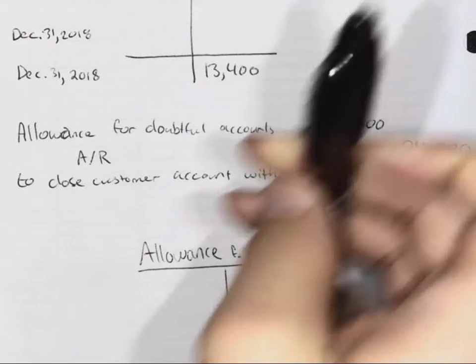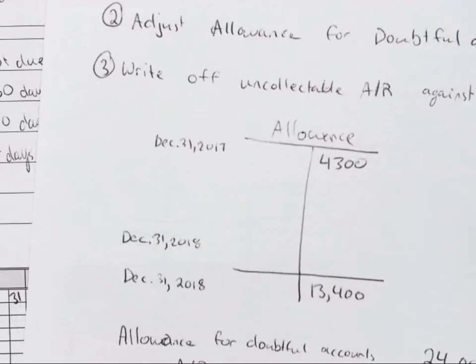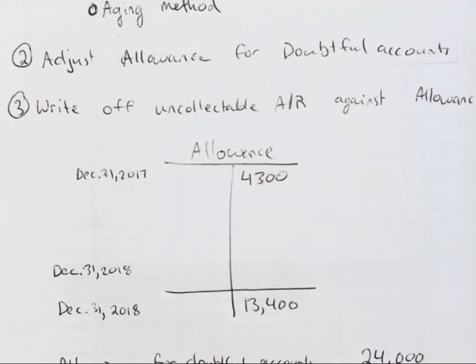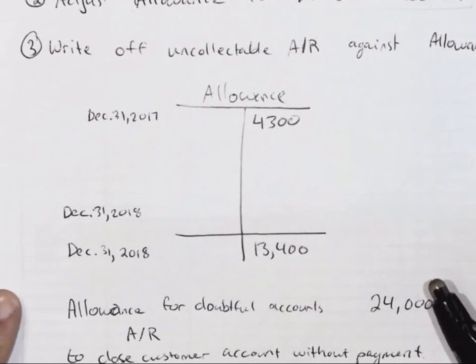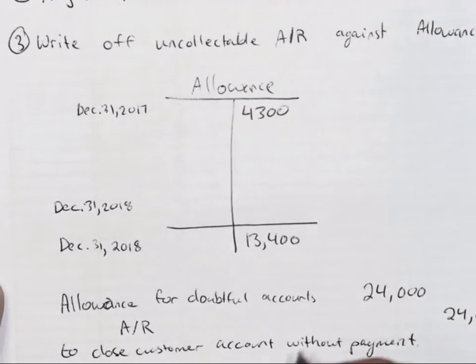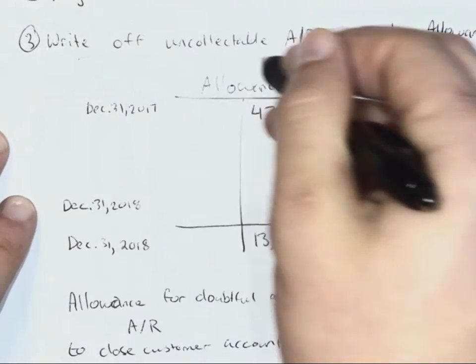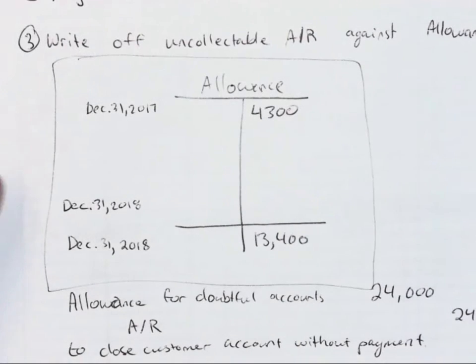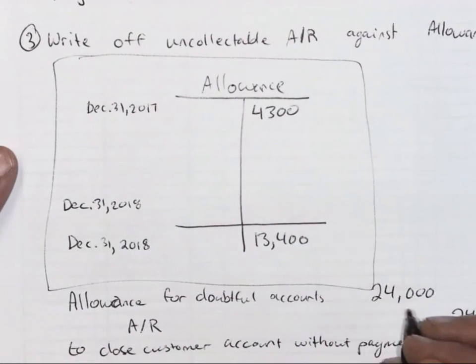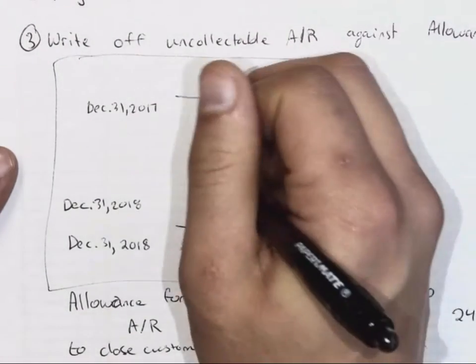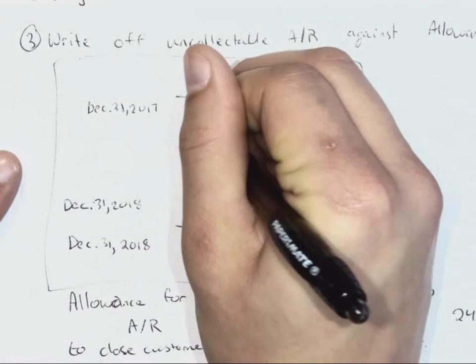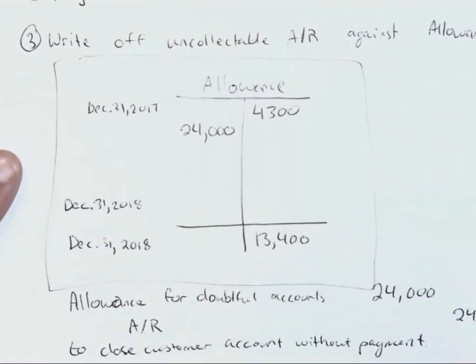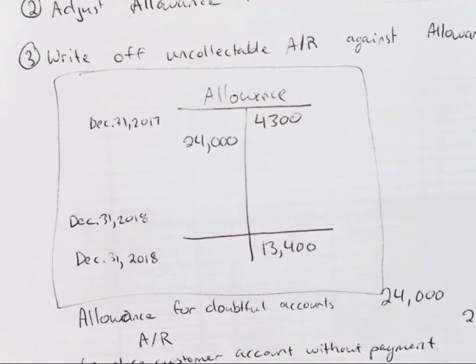So we go back up to our little T-chart here. We debited $24,000 to that account throughout the year.